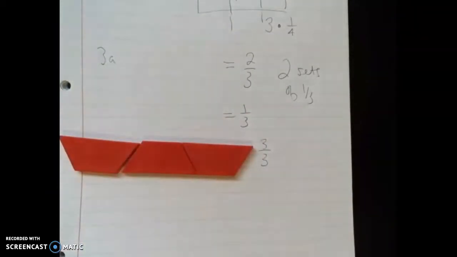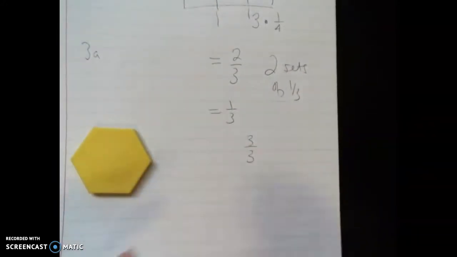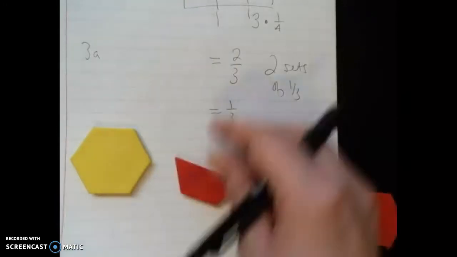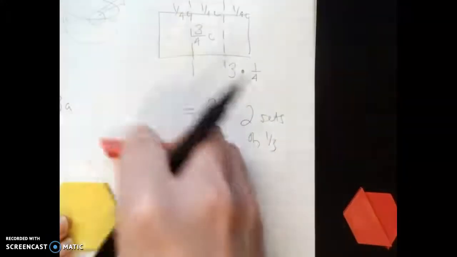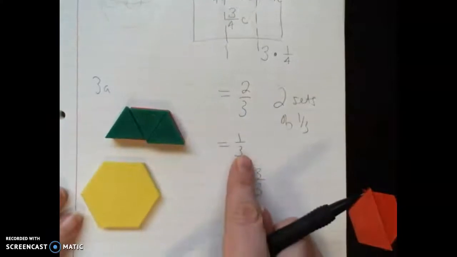Now, do I have to have a hexagon in there? The yellow hexagon is 2/3 of a pattern tile design. The other thing I could do is say I feel like I have to use this. Then I need to build 1/3, and I know that my 1/3 is this. So instead of using my trapezoid, I do know that 3 triangles is the same as 1/3.